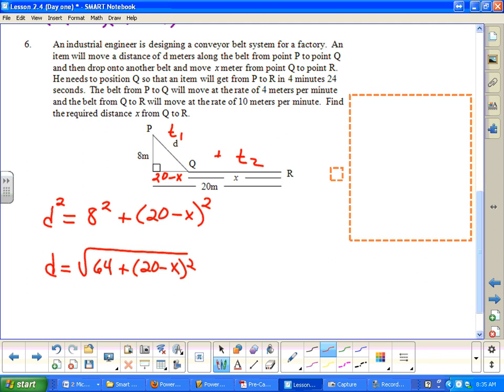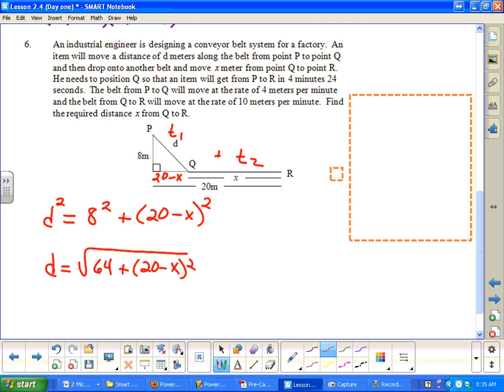All right. So let's get a decimal number. How much of a minute is 24 seconds? No, that's not 4.2 minutes. No. 24 seconds is how much of a minute?